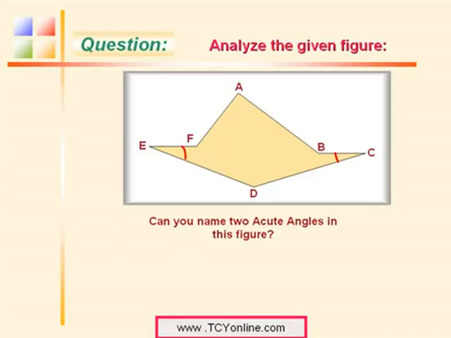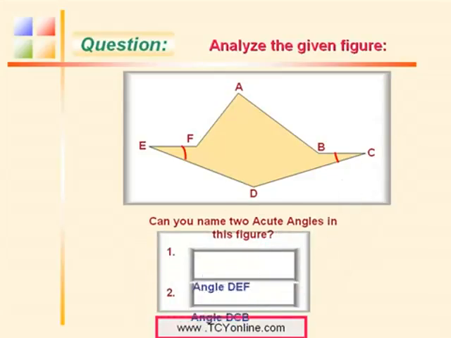Similarly, angle DCB appears to be an acute angle because it has a measure less than 90 degrees. So we can say that two acute angles are simply angle DEF and angle DCB.